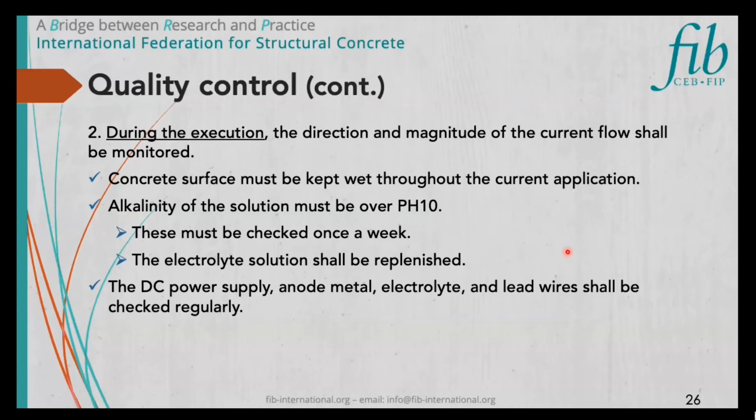The alkalinity shall also be checked frequently so that it does not fall below pH 10 to avoid generation of chlorine gas. Of course, the DC power supply, anode metal, electrolyte, and lead wire shall be checked regularly.